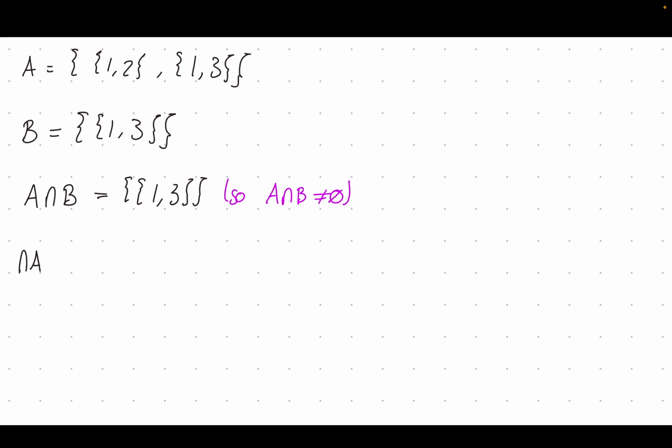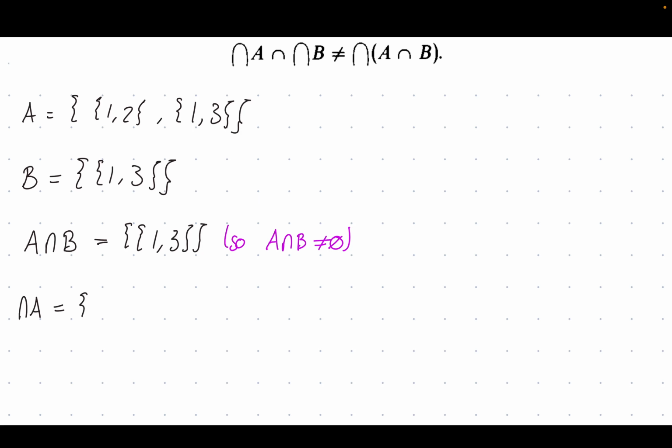The intersection of A is going to be the set of elements that appear in every element of A. So let's go through each element that appears in an element of A, one by one, and determine whether it deserves to be in the intersection of A. So 1 appears in this element, and it also appears in this element, so it surely should go in the intersection of A. Whereas 2 appears in this element, but does not appear in this element.